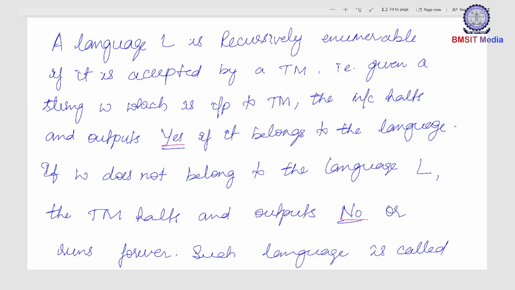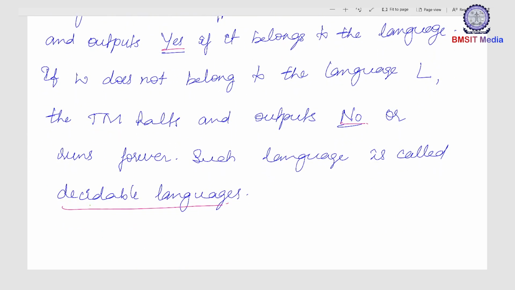That is, given a string W which is input to TM, the machine halts and outputs yes if it belongs to the language. If W does not belong to the language L, the TM halts and outputs no or runs forever. That is, it runs into infinite loop. Such language is called decidable languages.